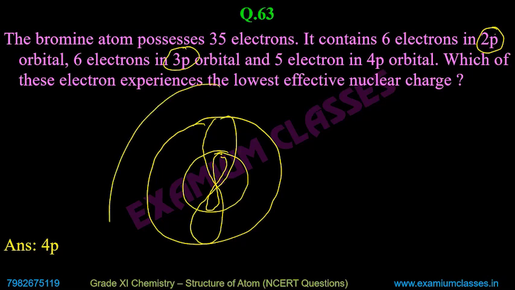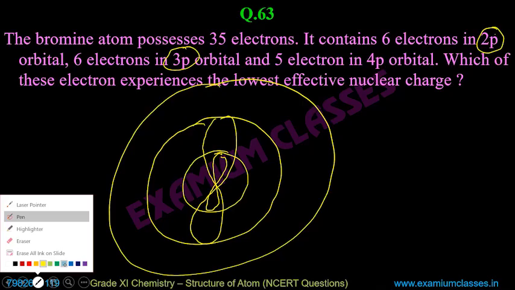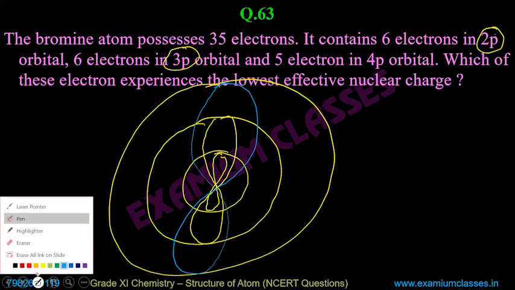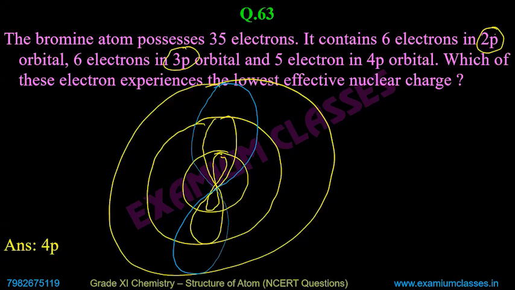And then 4p. 4p will be again evenly. So the 4p, more the value of n, the lower the effective nuclear charge. Yes, correct. So here in 4p, the electron can be and will be mostly away from the nucleus.